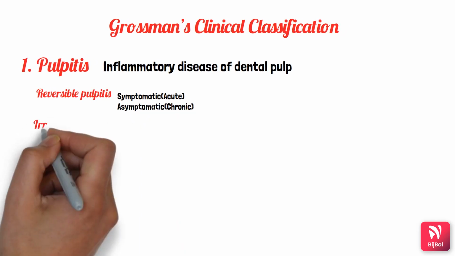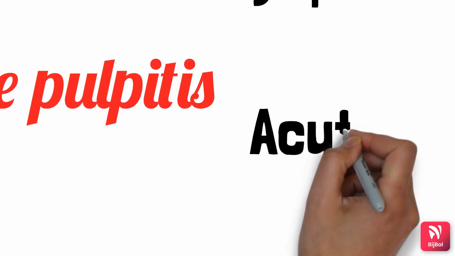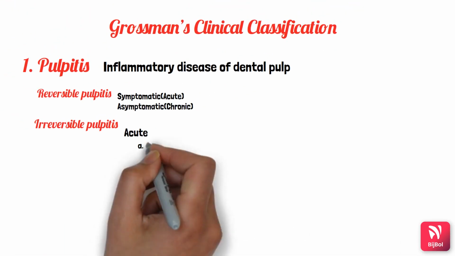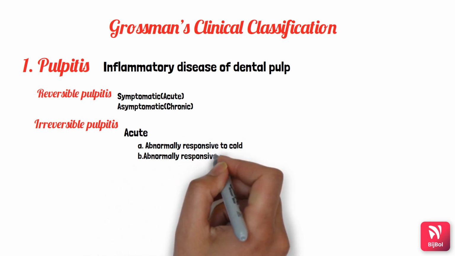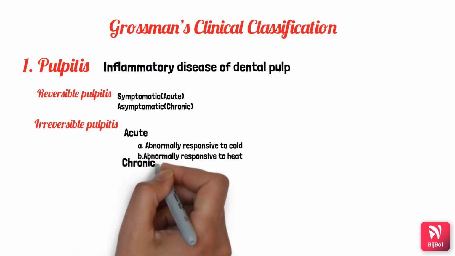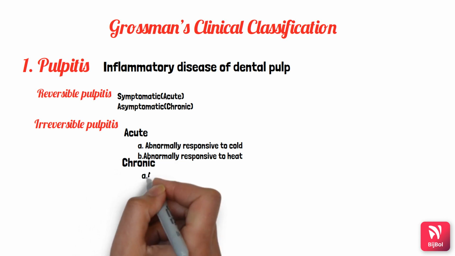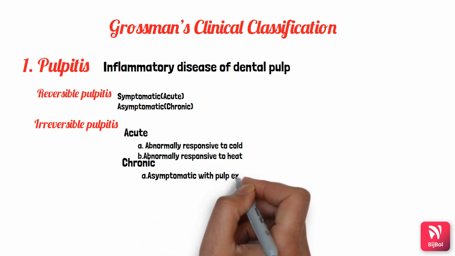And also irreversible pulpitis, which is also acute, that is, it is abnormally responsive to cold and also abnormally responsive to heat in case of the acute irreversible. And another type is the chronic, which is asymptomatic in nature with pulp exposure.